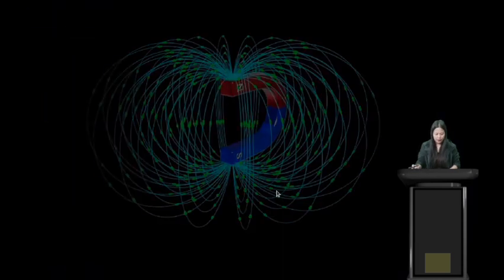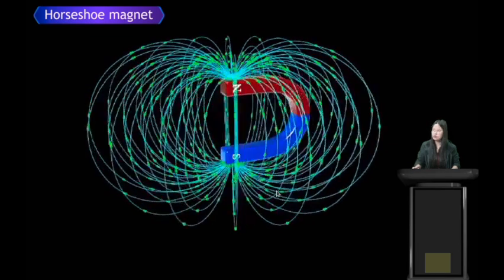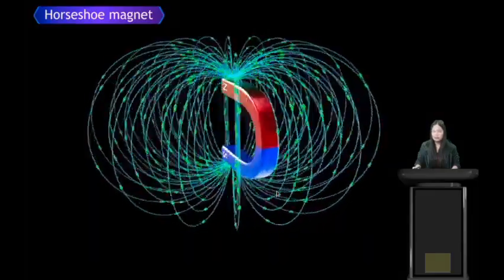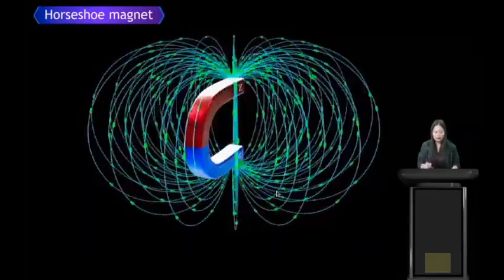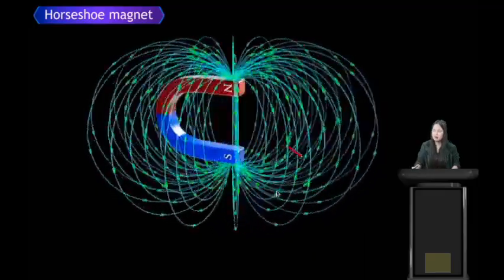Now let us see another magnet. Here we see a U-shape magnet. This magnet is known as a horseshoe magnet. Observe carefully. Even this magnet has a north pole and a south pole, and the direction of magnetic field lines in this type of magnet is the same, that is from north pole to south pole.